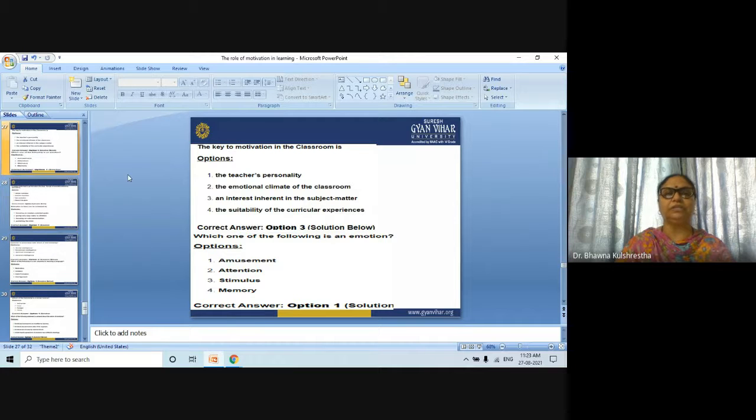First question: the key to motivating in the classroom is the teacher's personality, the emotional climate of the classroom, an interest inherent in the subject matter, or sustainability of the curricular experiences.